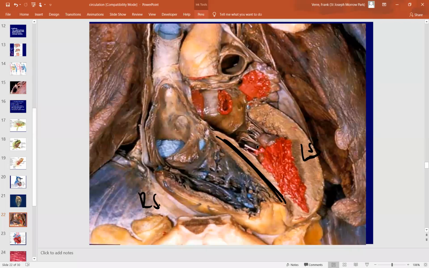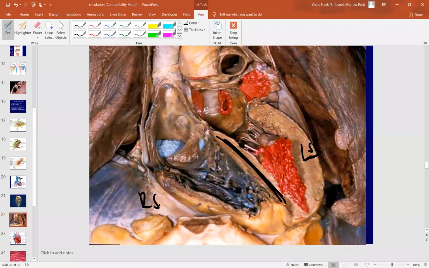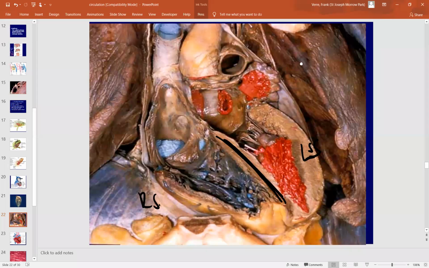So the blood on the left side has a lot of oxygen, and on the right side, it's blue. Now, it's actually not really blue. This is just color enhanced. What it would actually look like is just dark red, but that means that there's very little oxygen on the right side of the heart.